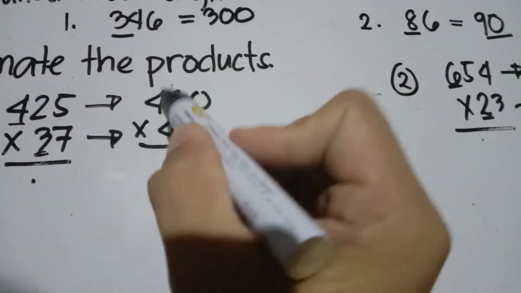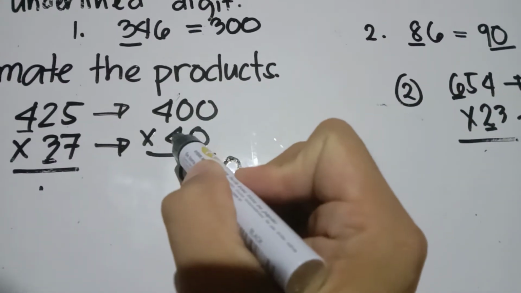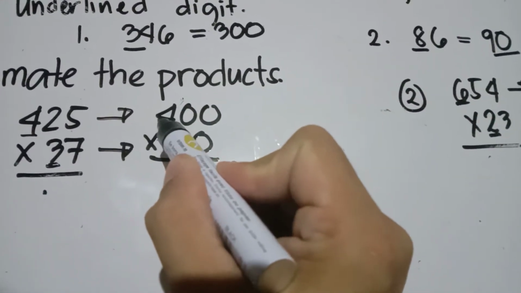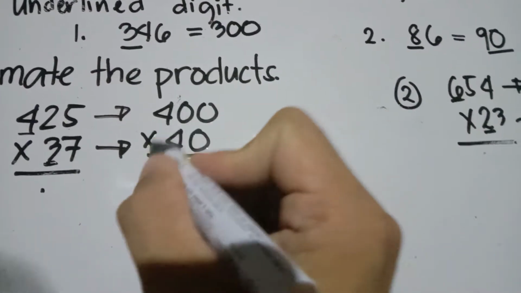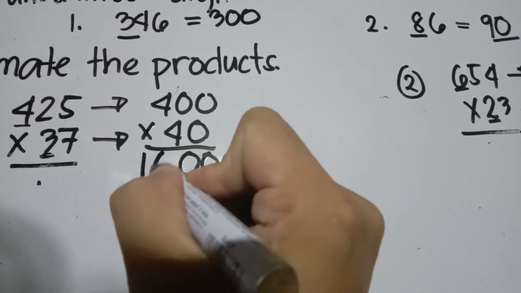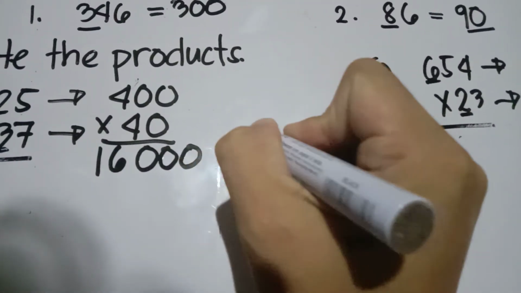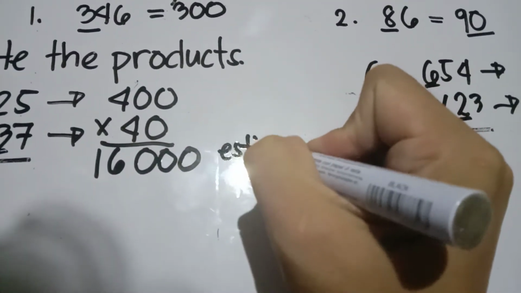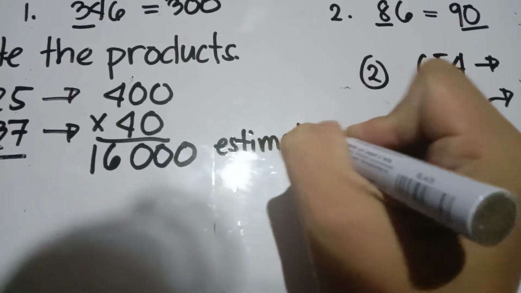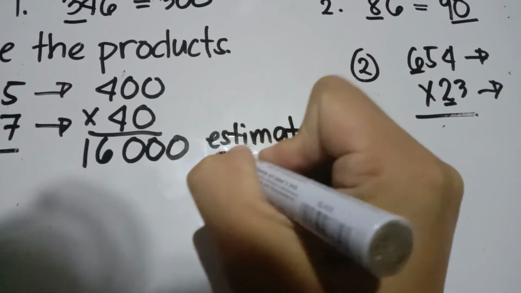Then multiply 4 by 4. So 4 times 4 is equal to 16. So 16,000 is the estimated product.